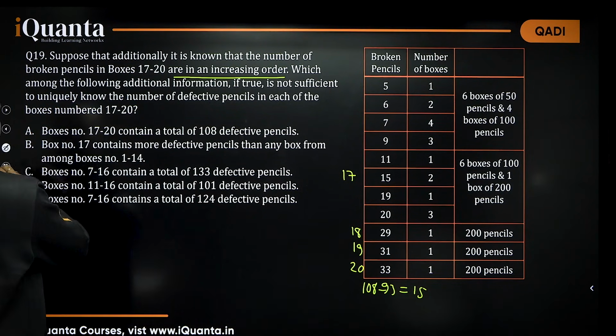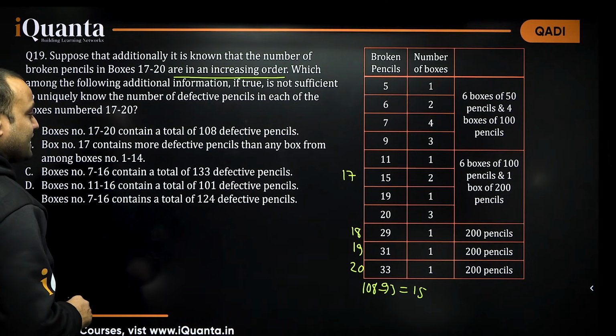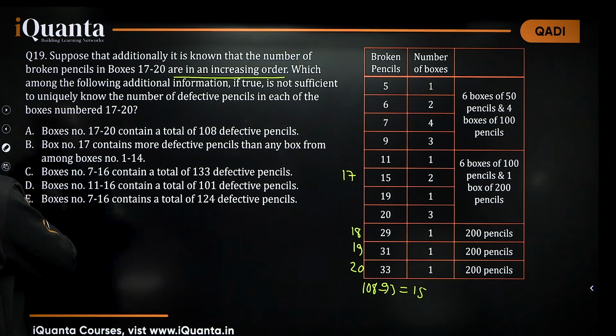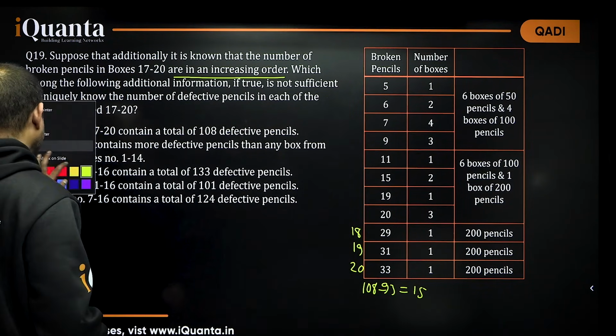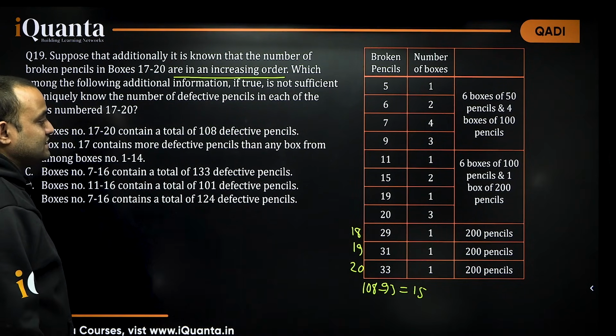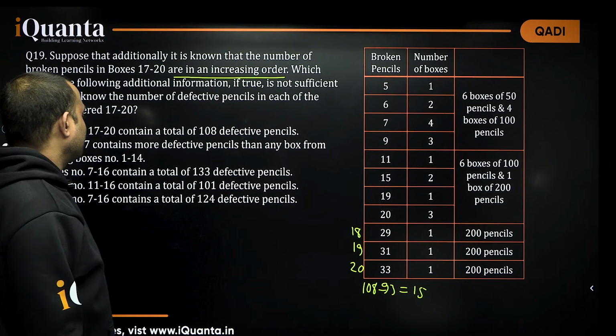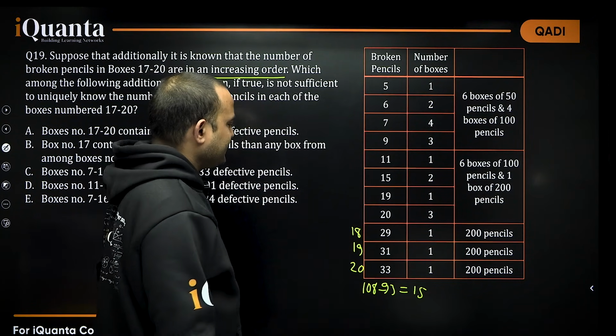We can say box number 17 contains more defective pencils than any box from among box number 1 to 14. Okay, box number 17 contains more defective pencils than any box from among boxes number 1 to 14. All right, so let's see.